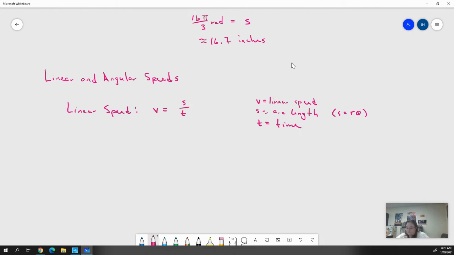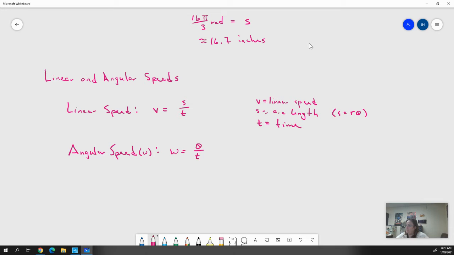Our angular speed we call W, and W equals theta over time.